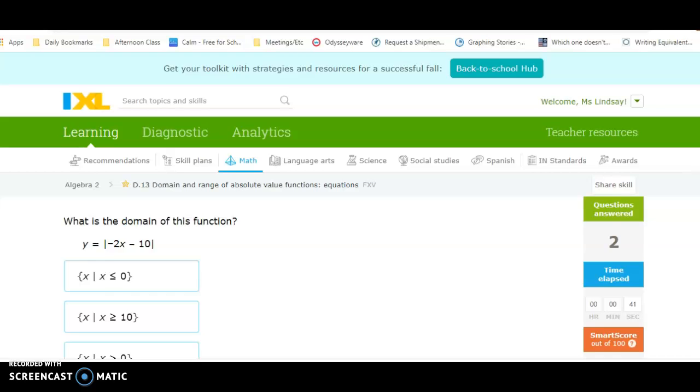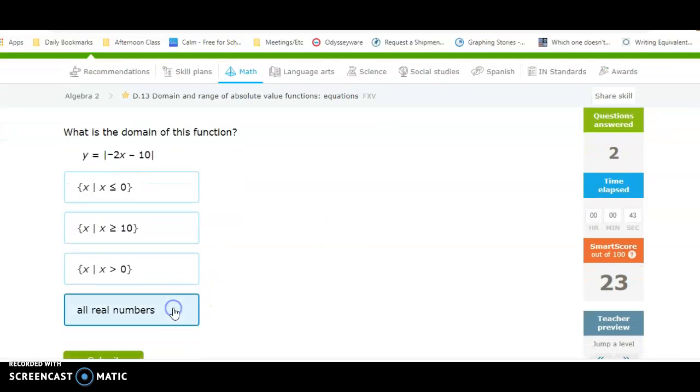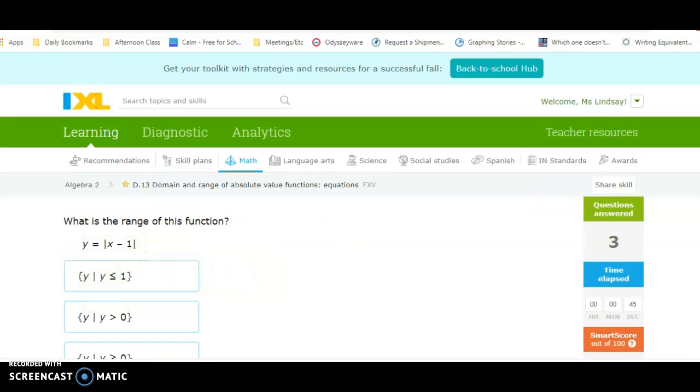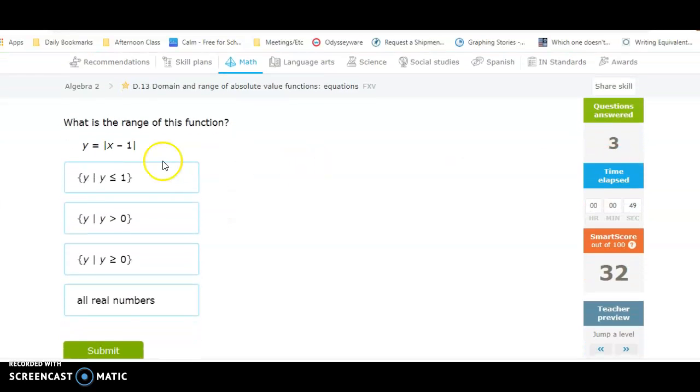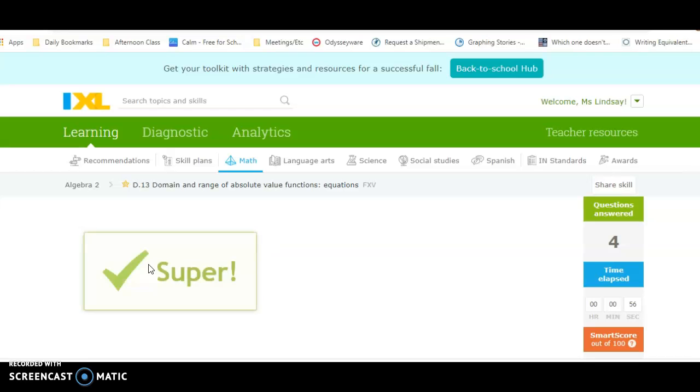Domain, doesn't matter how complicated that gets, it's still all real numbers. The range, that looks like it's going to be different, but there's nothing being added or subtracted on the outside. It is going up, so it's still greater than or equal to 0.